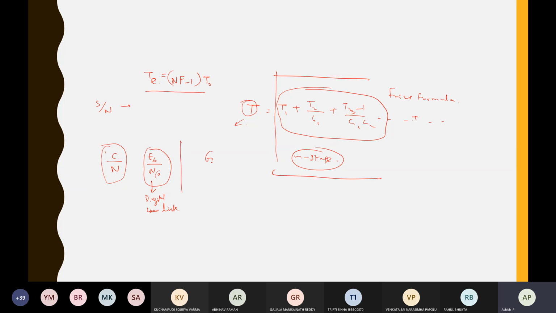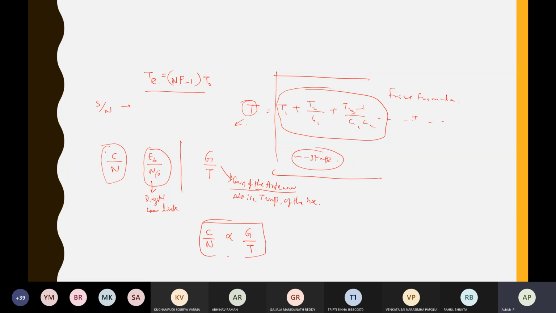Apart from these two, there is another thing called the G by T ratio. G by T is the ratio of the gain of the antenna divided by the equivalent noise temperature of the receiver. Later we can also prove that the C by N ratio is proportional to the G by T ratio.